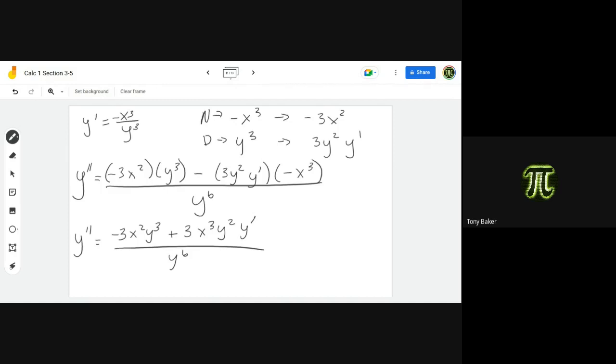What's y prime? Right, so I'm going to take that and replace it because I know what that is. So that becomes negative x to the third over y to the third.